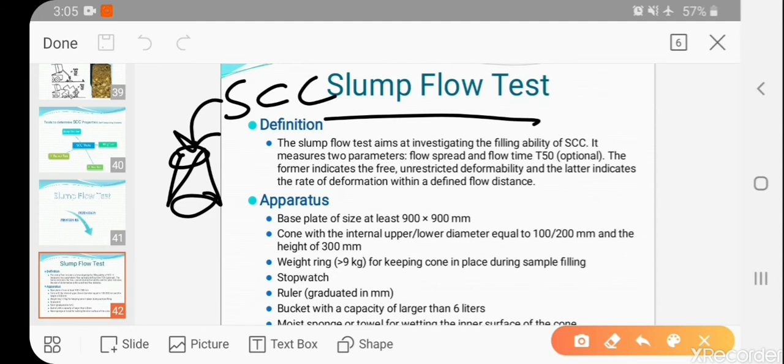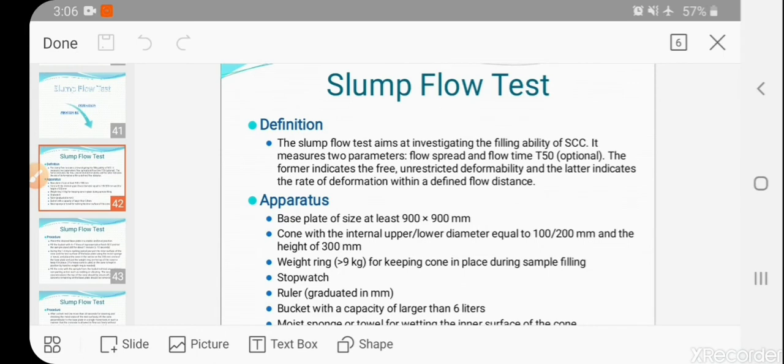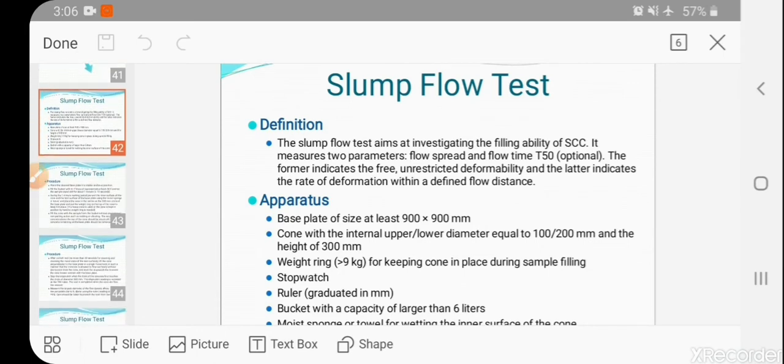That concrete should have two parameters, one is time dependent, another one is flow spread. The former indicates the free and unrestricted deformability, the latter indicates the rate of deformation within a defined flow distance. In the procedure you can see clearly, and after the procedure I have shared one video, you can go through that video link.